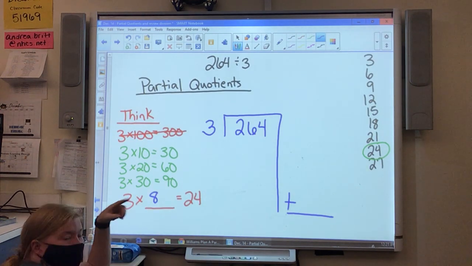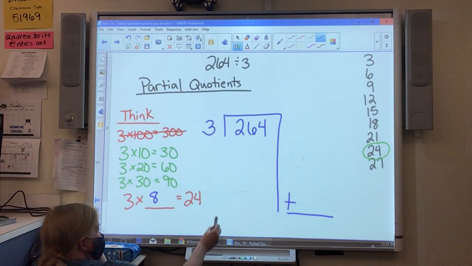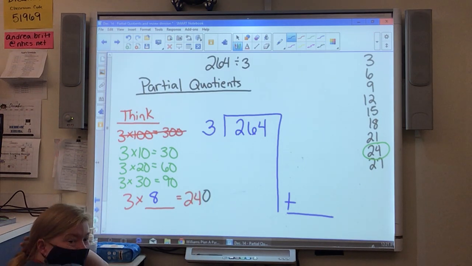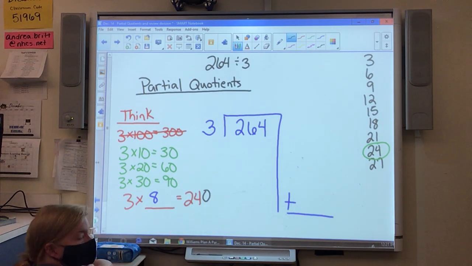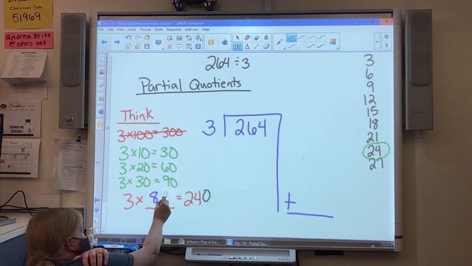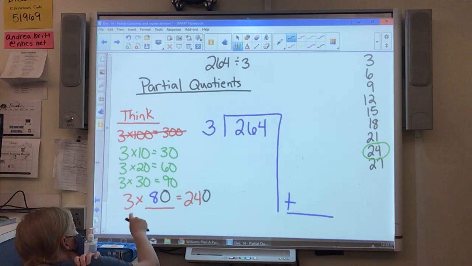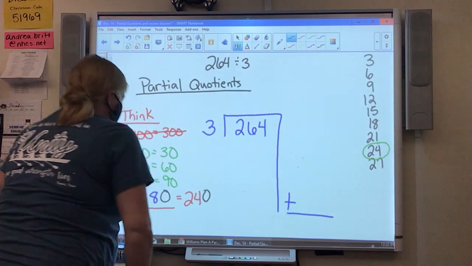But is 24 close to 264? No. But if I added a 0 on the end, is 240 close to 264? Yes. How do I get a 0 on the end? By adding that 0 that goes with the 80. So 3 times 80 would be 240.